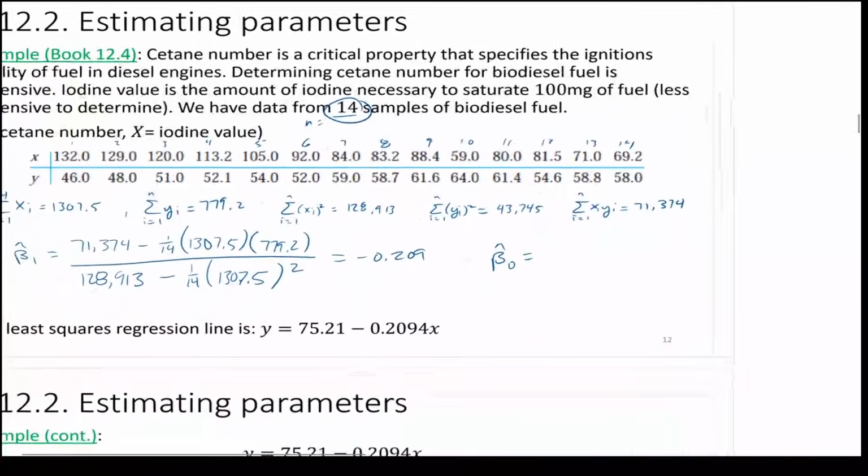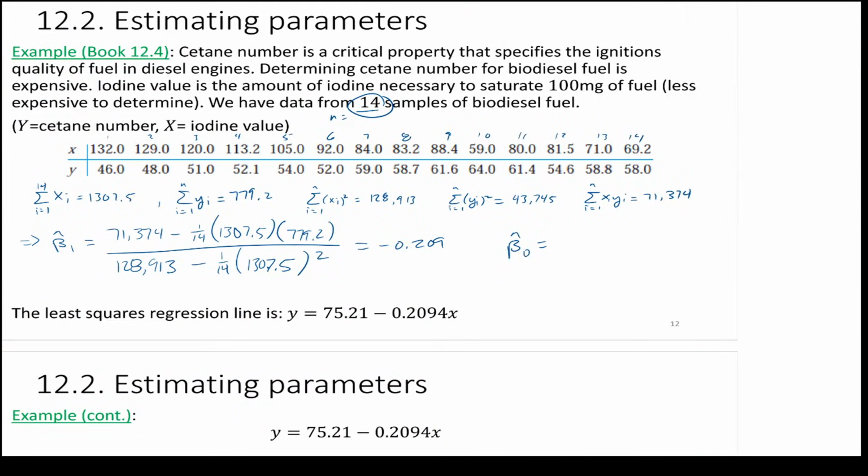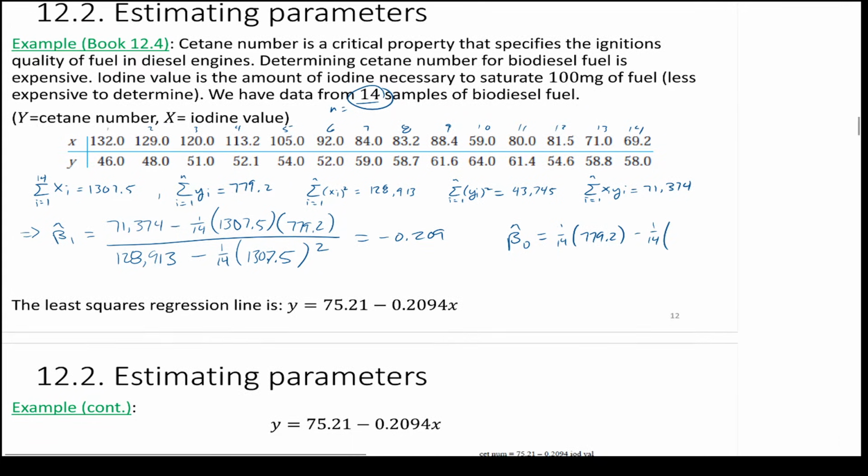So let's do that. That's going to be 1 over 14 times 779.2 minus 1 over 14 times 1307.5 times negative 0.2094. And we get beta 0 hat is 75.21.